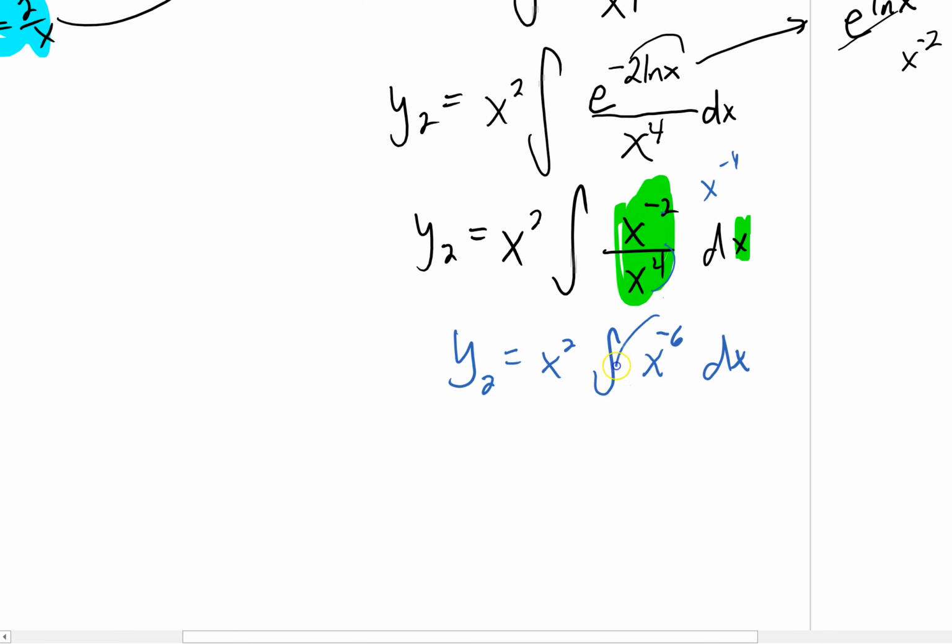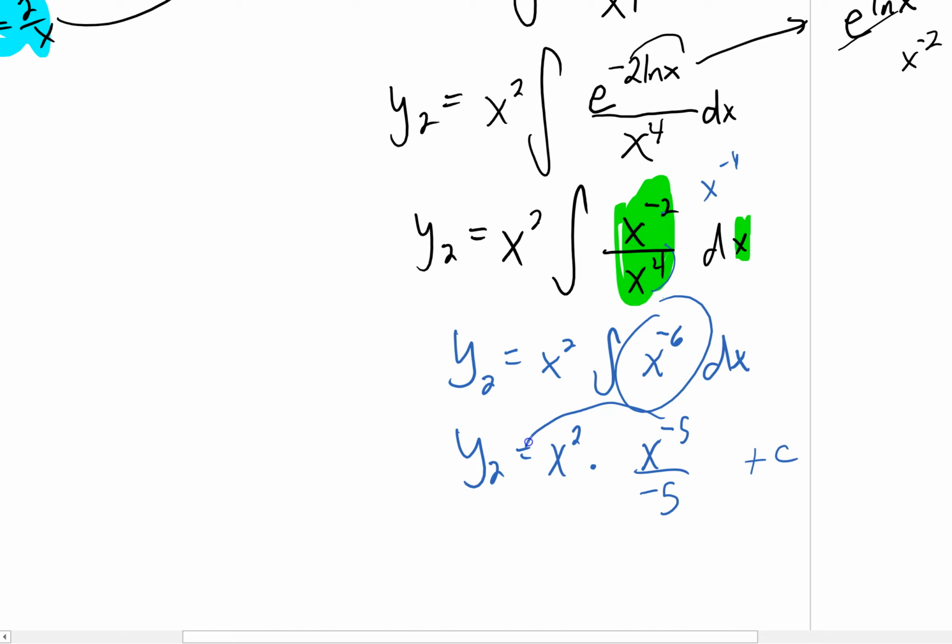And then let's go ahead and take our antiderivative. This would become x to the negative 5, right? Bump it up 1, divide by a negative 5. And then, of course, you'd say plus a c.